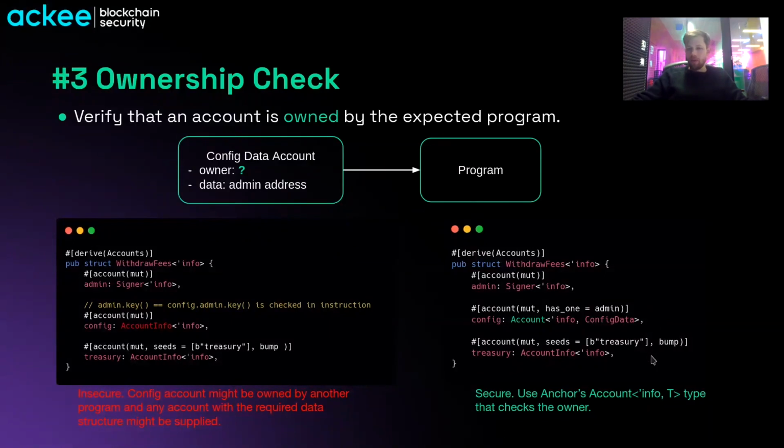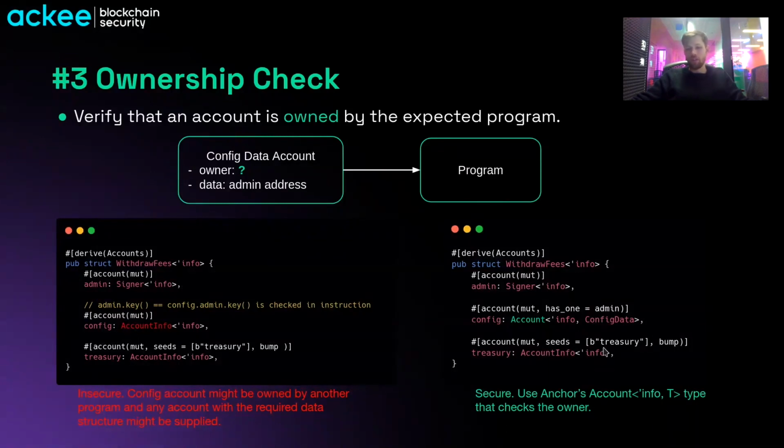And maybe another remark here. For the treasury account, we actually used account info, because this is not a data account, it is just an address that holds the funds. But there is also another owner check that is kind of intrinsic in the fact that the treasury account is on a PDA address.